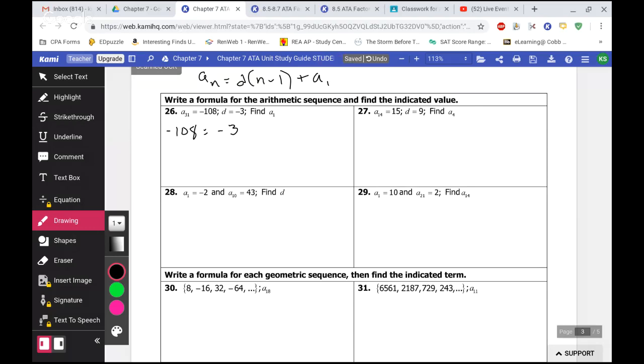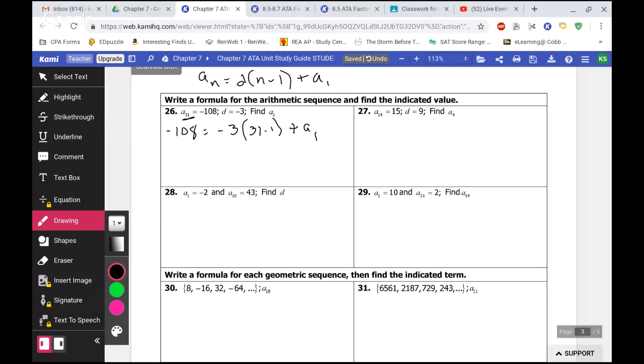And then we also know that the n minus 1 is going to be 31 minus 1. I'll plug that in to show you what that looks like. What we don't know and what we're trying to find is the A1, but everything else we did know.